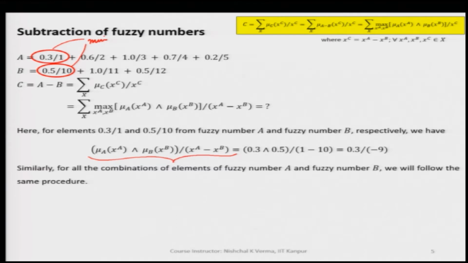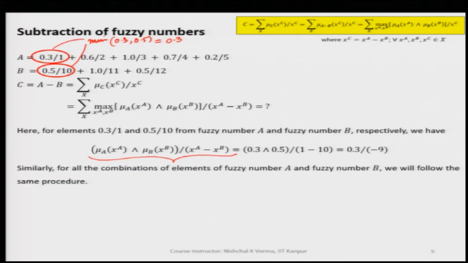So, min of 0.3 and 0.5, we are going to get 0.3, and then for the generic variable value, since we are subtracting, we will simply subtract.